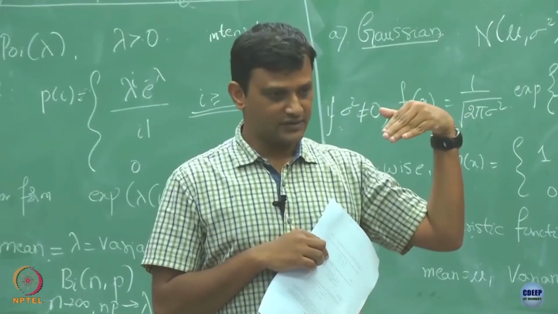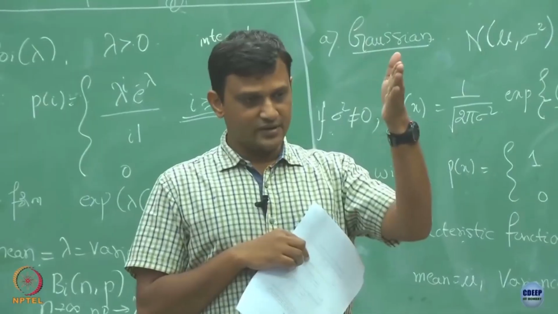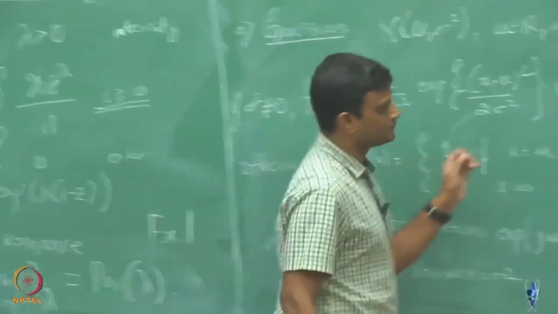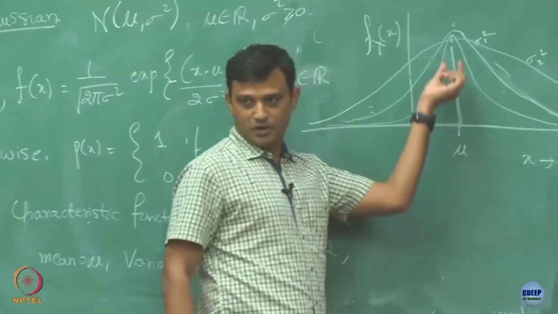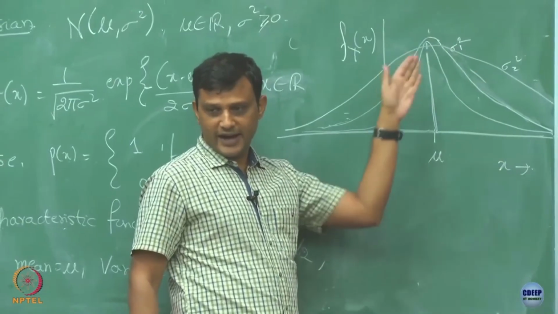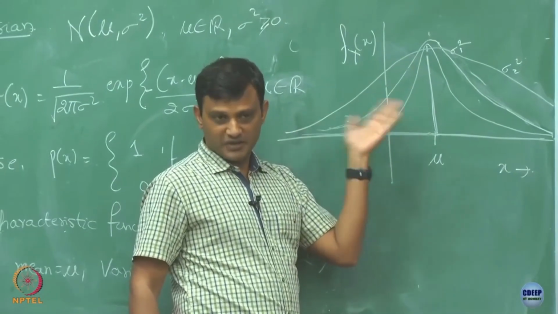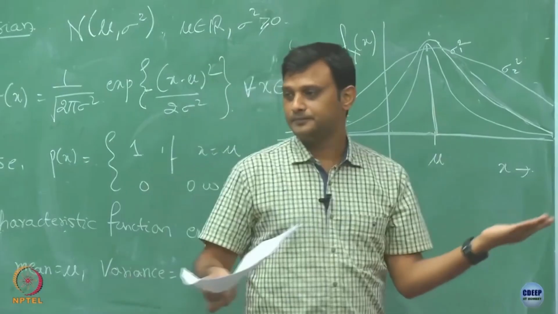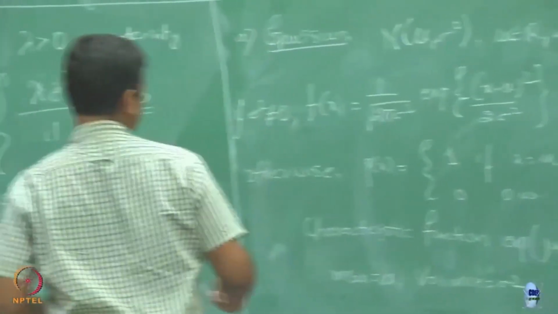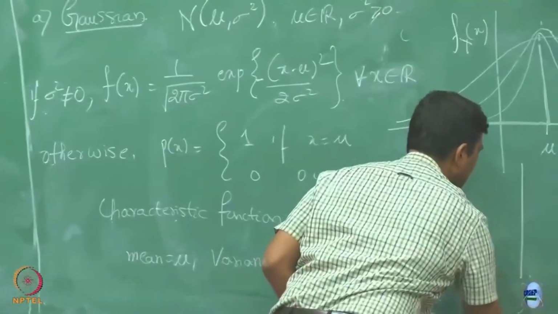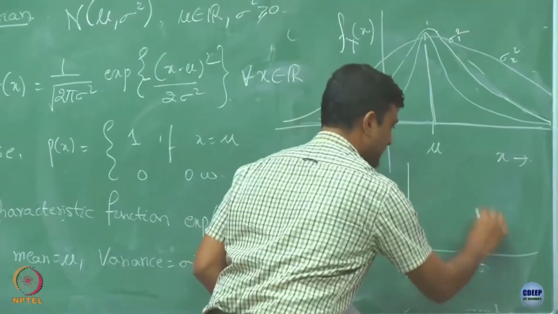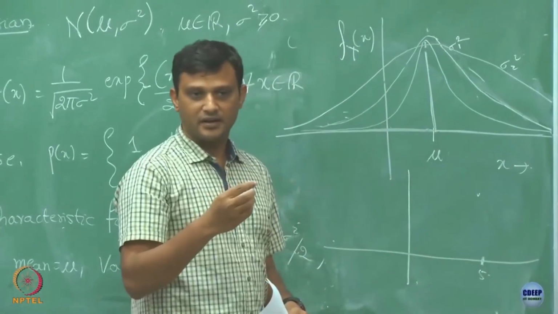You can always adjust about your mean and take care, as long as you feel that there is a heavy concentration about a particular value and then things slowly die down around it. Maybe this is a good thing. Even in the case of a population or height distribution, let's say about 5 feet, there is a maximum number of people around 5 feet, right?